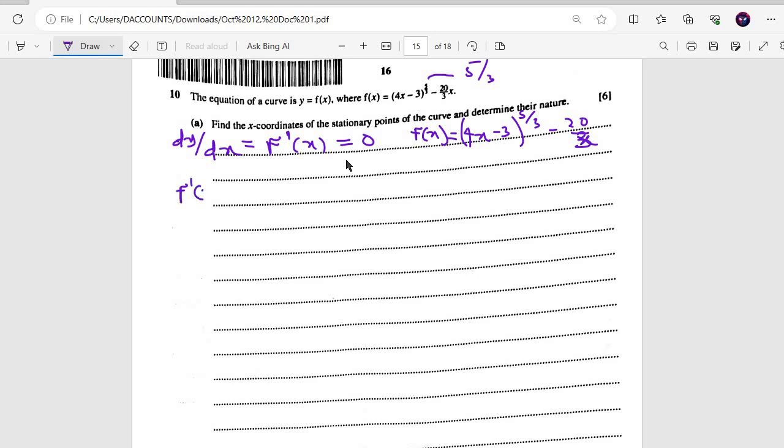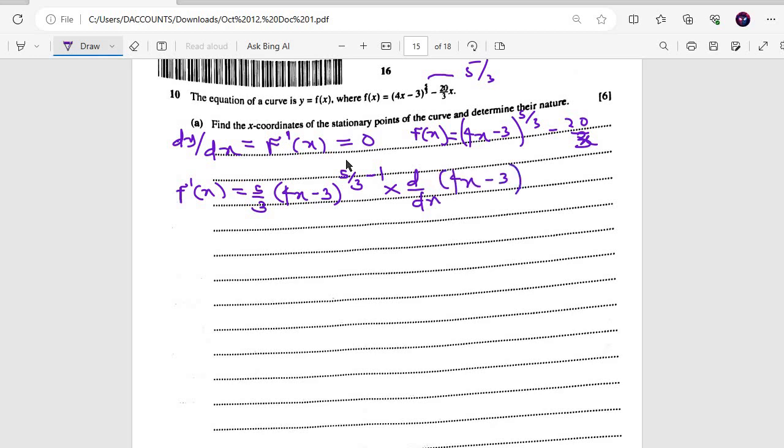Let me differentiate this. To differentiate it, you know what to do. The power comes to the front of the function in the bracket, subtract 1 from the power, and multiply it by the differentiation of what is inside the bracket.